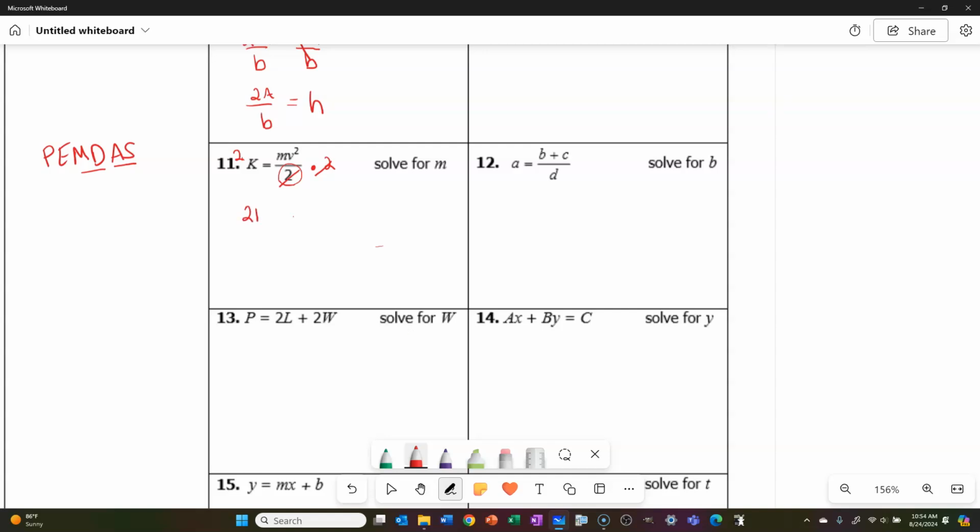That gives me 2k equals mv squared. I'm solving for m, and remember our last step is usually to divide by whatever is attached to our variable. What's attached to our variable is the v squared. So I'll divide by v squared. So I have m equals 2k divided by v squared.